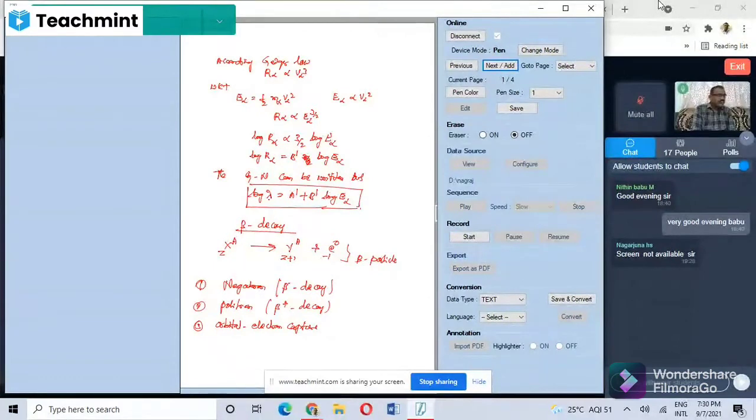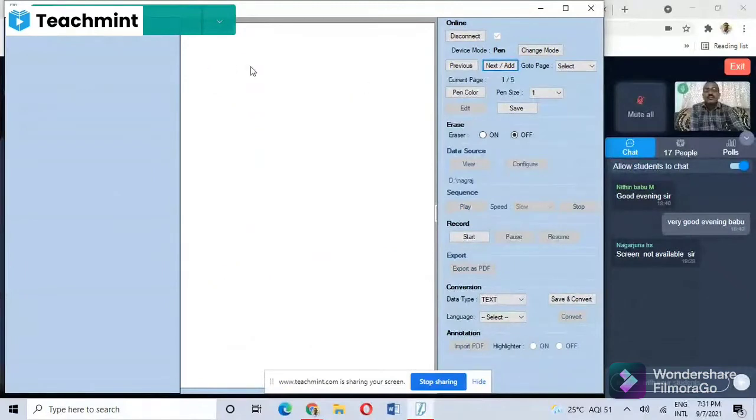In all the three processes, the mass number of the parent nucleus remains unchanged, whereas the atomic number changes by 1 unit. Now we'll see one by one. First, we will move on to the negatron or beta minus decay. I'll switch to the next page.